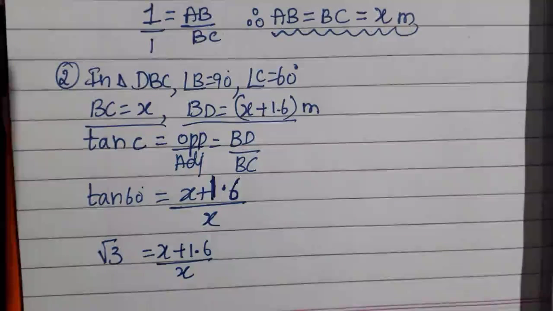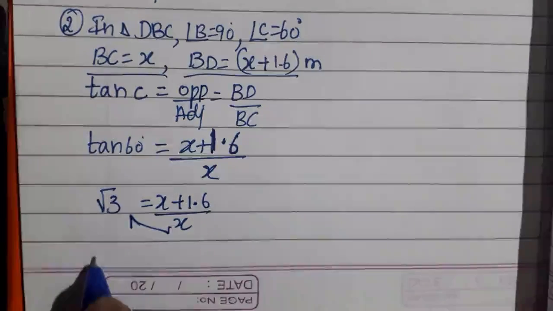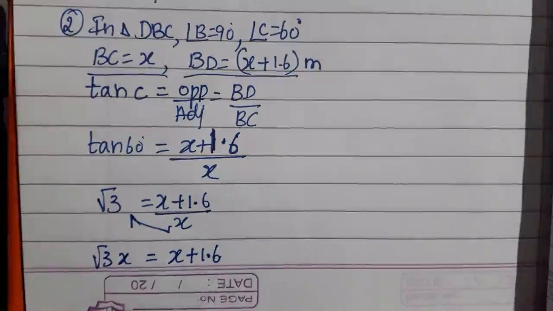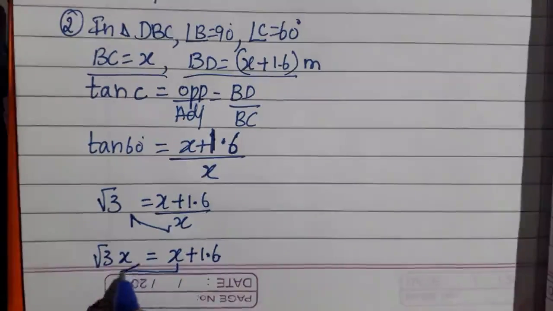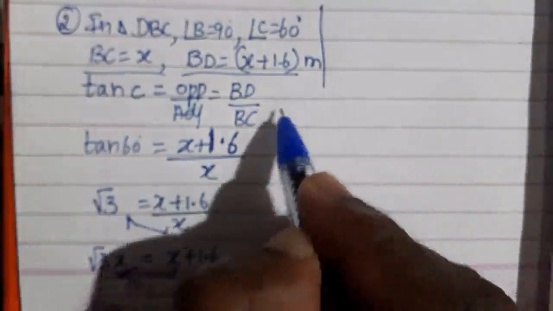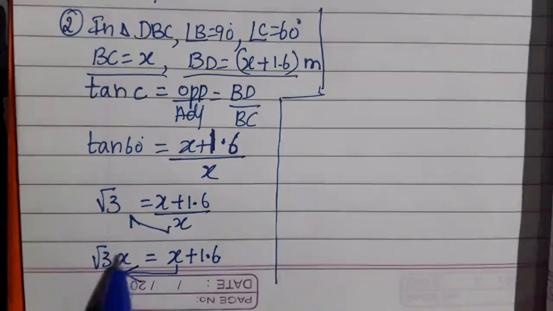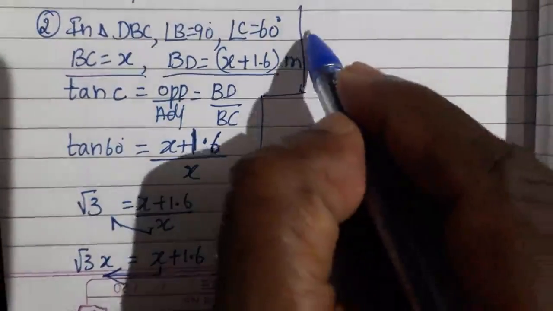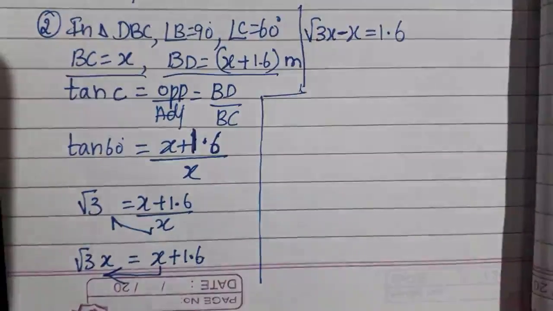Now what I should do? I should cross multiply. When I cross multiply, x will come here. So this will become root 3x is equal to x plus 1.6. Now x will be on the same side. So I will be shifting x here. So when I shift x, root 3x minus x is equal to 1.6.